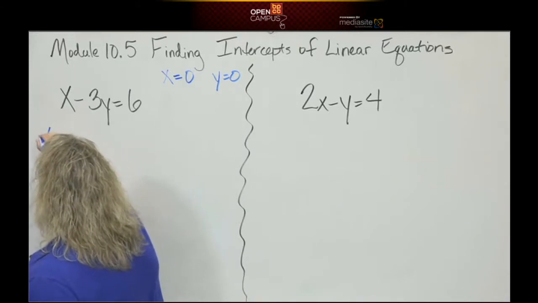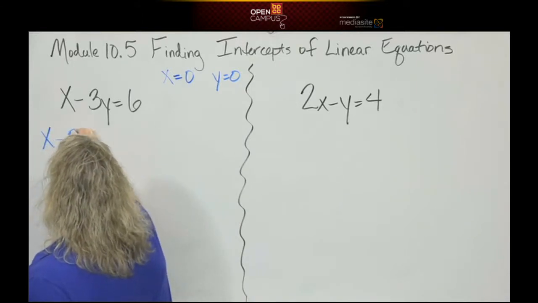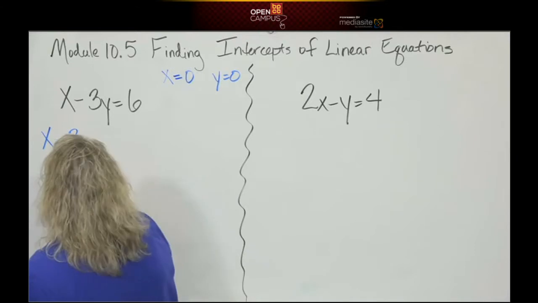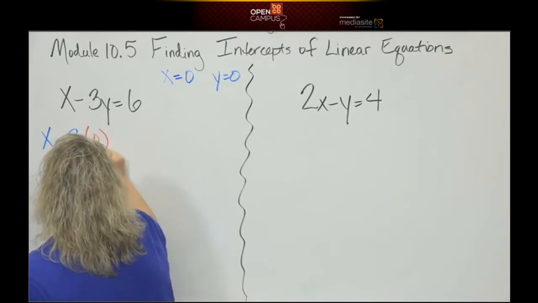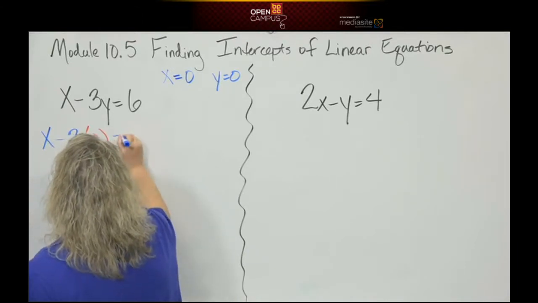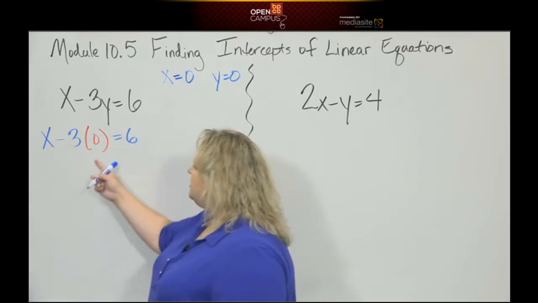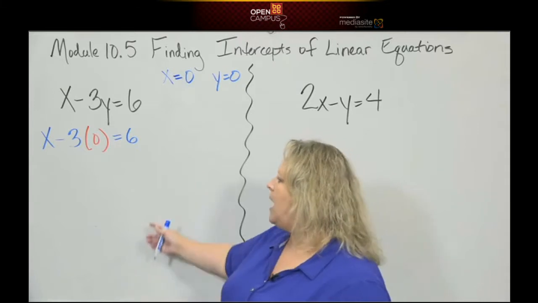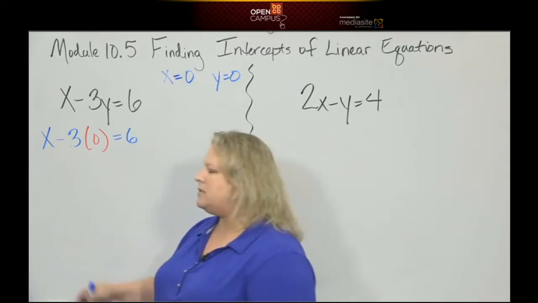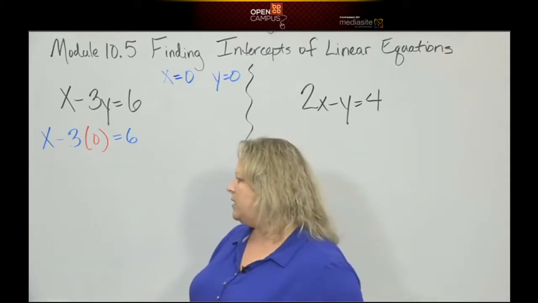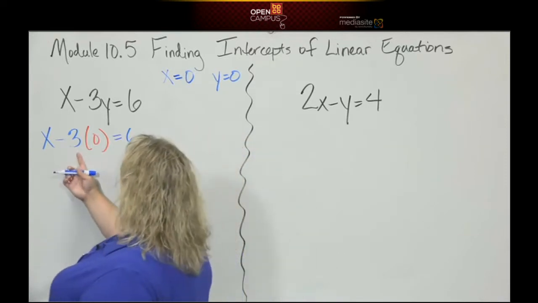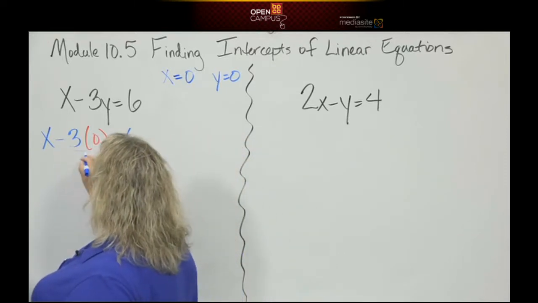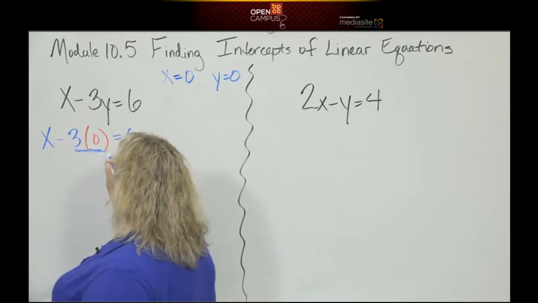If I'm looking for x, then my y value is going to be the 0, my substitution. So I'm substituting 0 in place of y. Then I'm going to work this out because I want it in the form x equals some number. Look what happens. I multiply right here because that's the multiplication property.